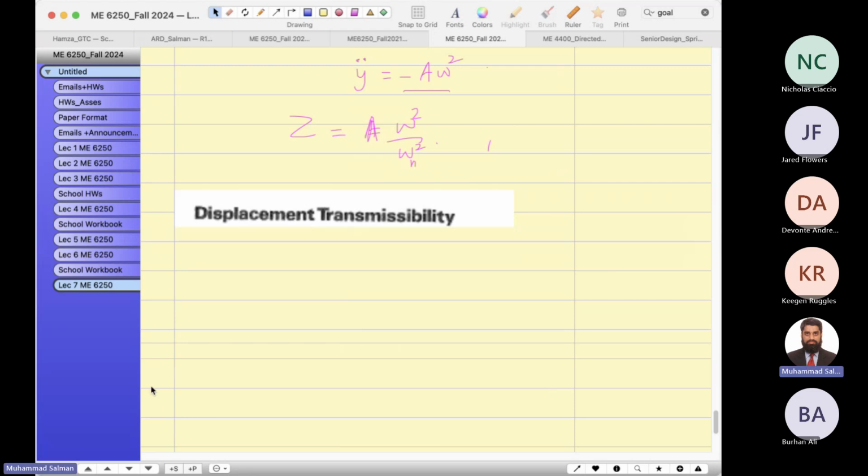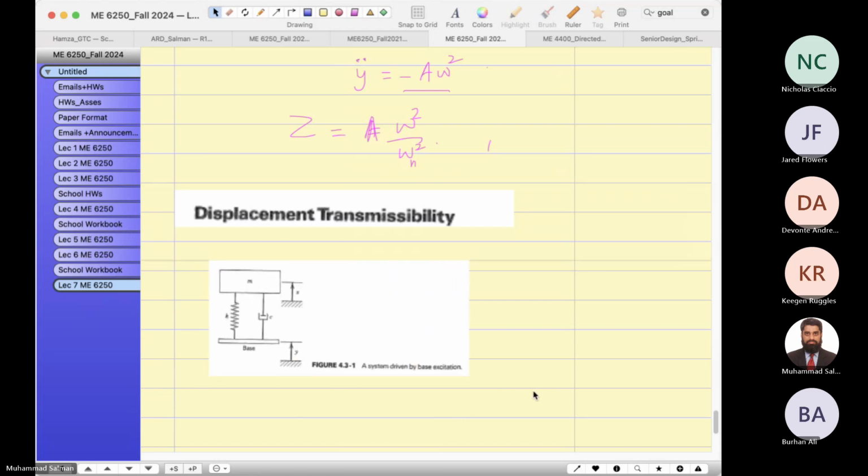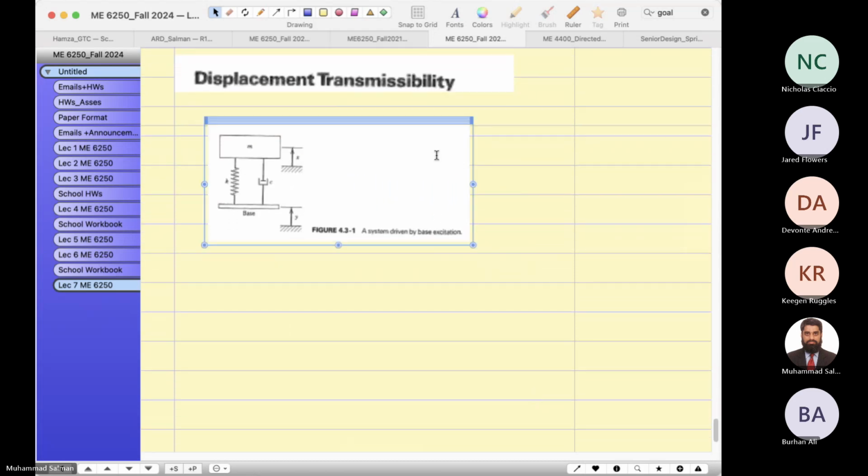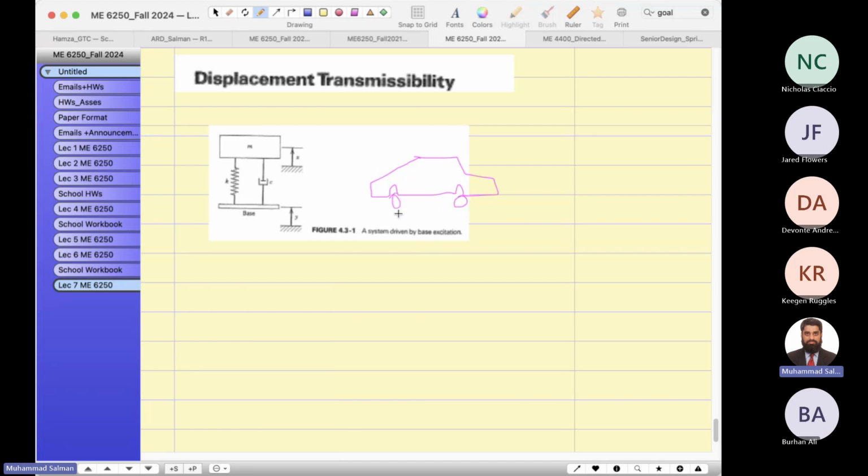So let me show you, if you have this system here. Transmissibility is an important concept in vibration. Suppose this is our car, and this is a bumpy road, and this is my Y displacement, correct?